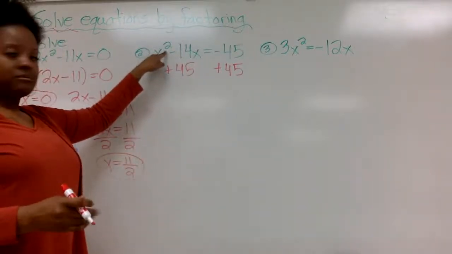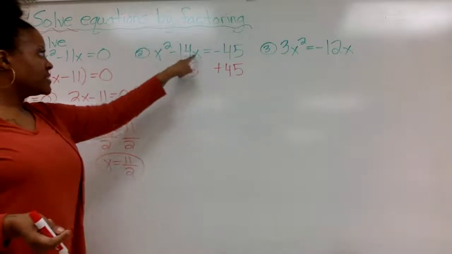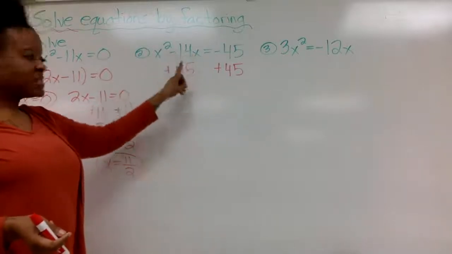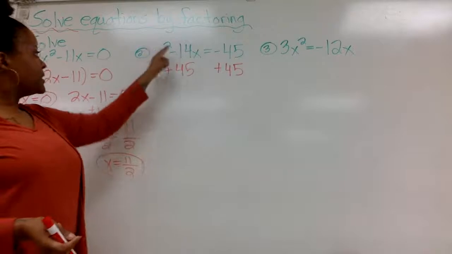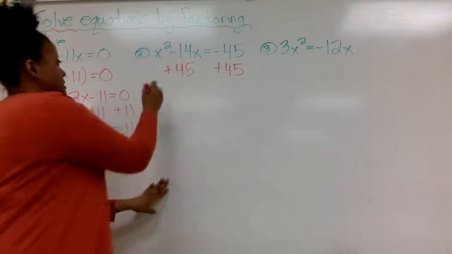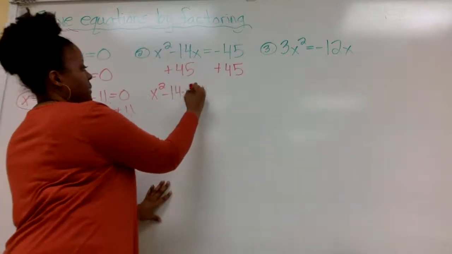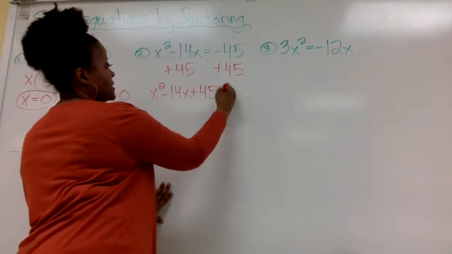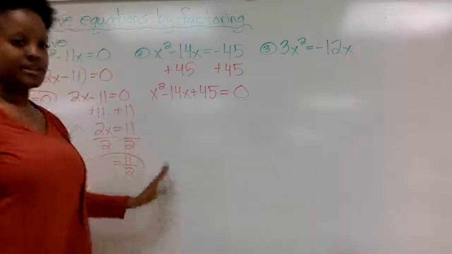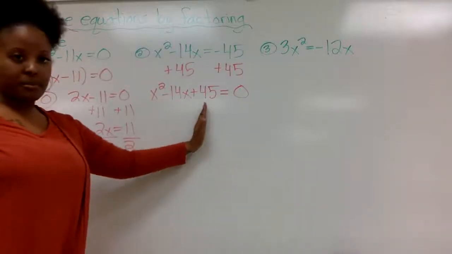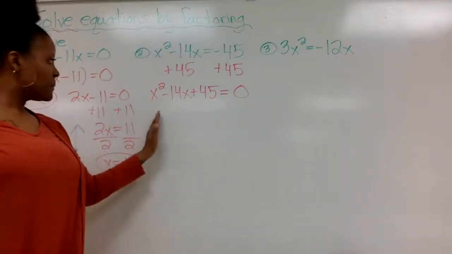This is x squared, and there's no other x squared. This is a regular x, there's no other x's. And this is a constant. So none of these are like terms. When I rewrite it, it'll be x squared minus 14x plus 45 is equal to 0. I kept everything separate because none of these are like terms.